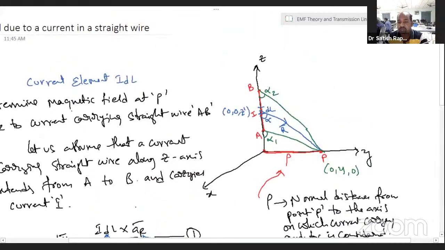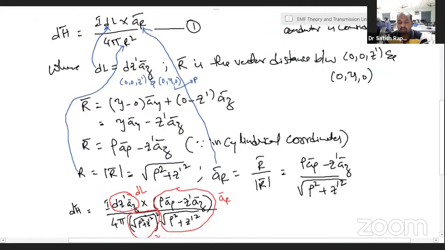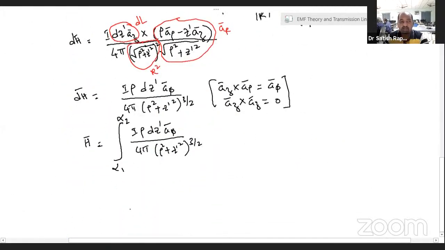You can see in this figure alpha 1 and alpha 2 are the angles. So the limits are in terms of alpha 1 and alpha 2, so we need to integrate with respect to alpha. But here dz dash means we are integrating with respect to z dash.